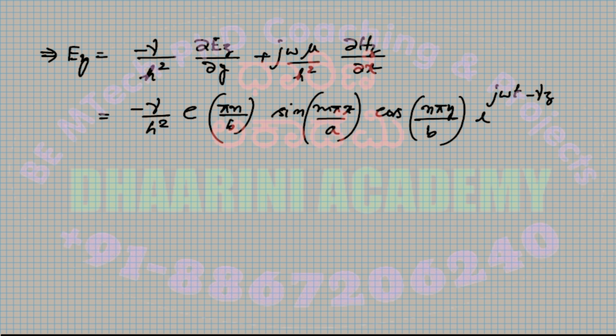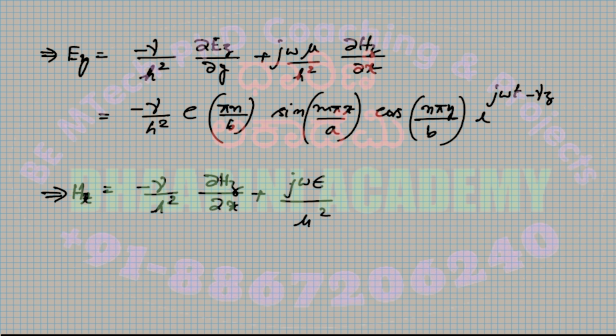Next, our intention is to calculate Hx. Let's look at the equation for Hx, which we had derived in the first case. This is minus gamma by h square dou Hz divided by dou x, plus j omega epsilon divided by h square dou Ez by dou y. Only this part is what we need to calculate; the other part is 0. So we have j omega epsilon divided by h square, constant c.